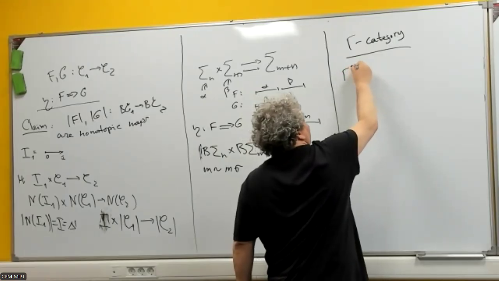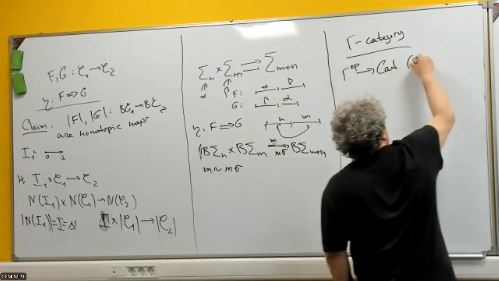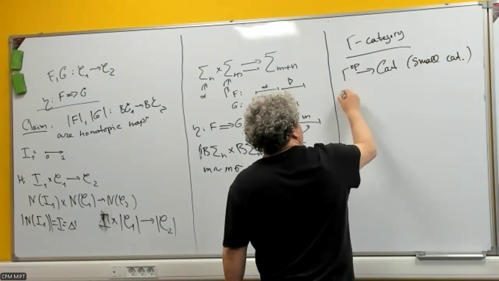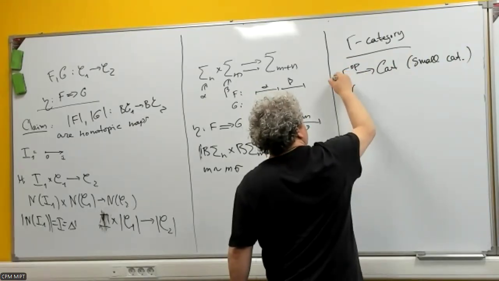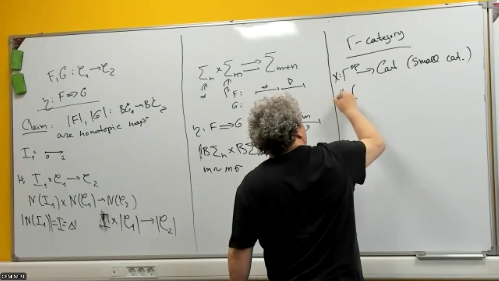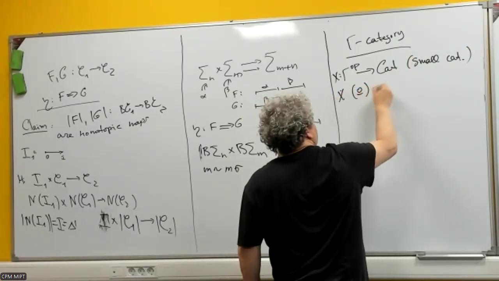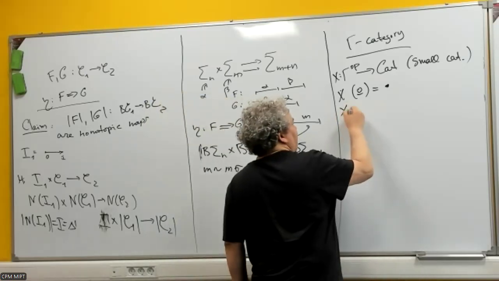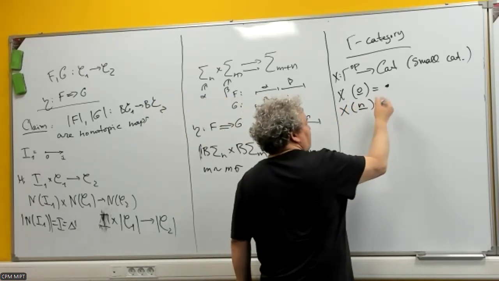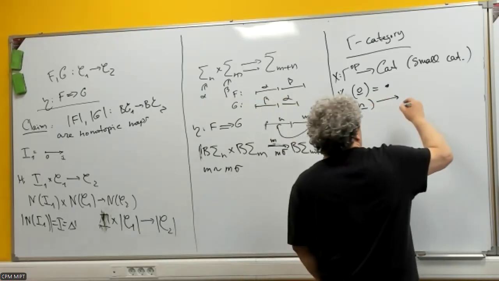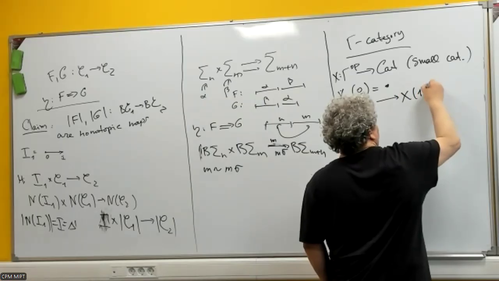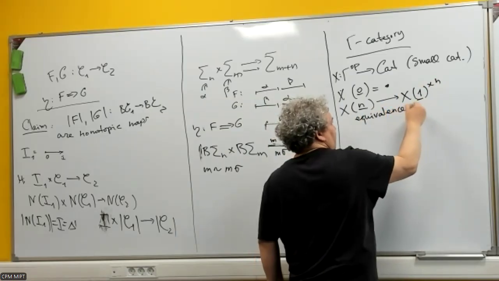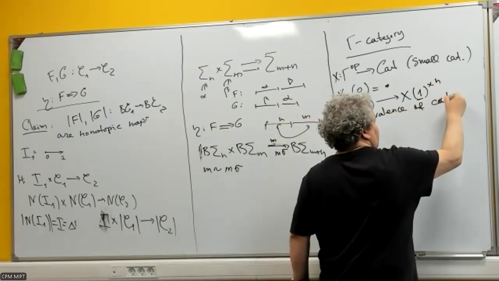We have a functor from gamma to Cat, where these are, say, small categories, with the following property: gamma of 0 is just the final category, which has one object and only the identity morphism, and the canonical map, as we usually have in gamma spaces, from C of n to C of 1 to the power n, is an equivalence of categories in the classical sense.